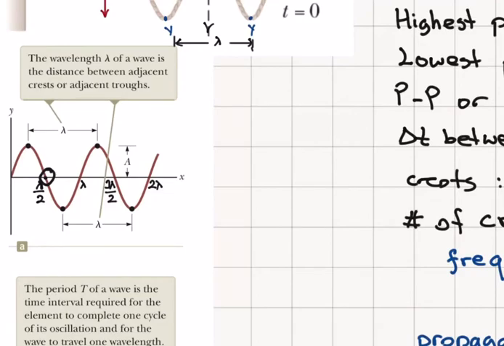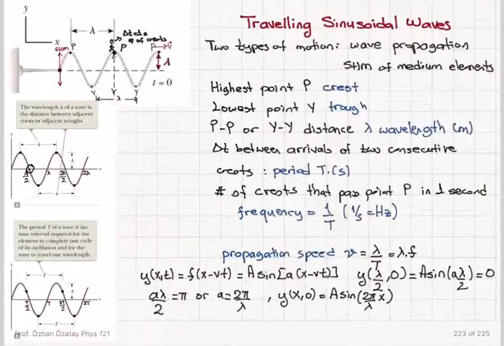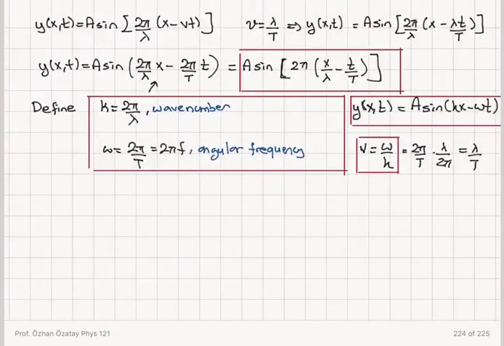I want y to be 0. But in general I can have an initial phase. So y of 0, 0 does not need to be 0 always. So we can define an initial phase.